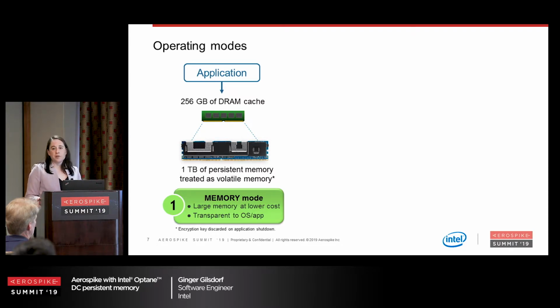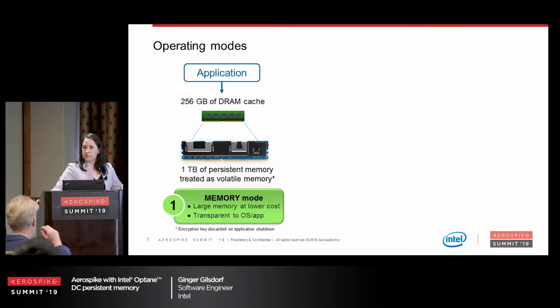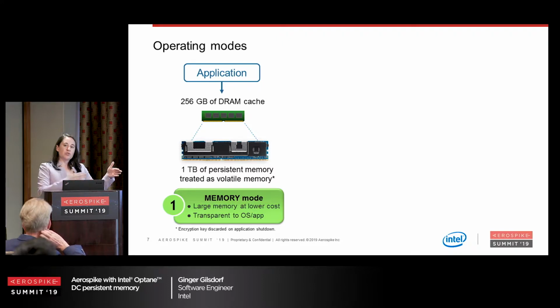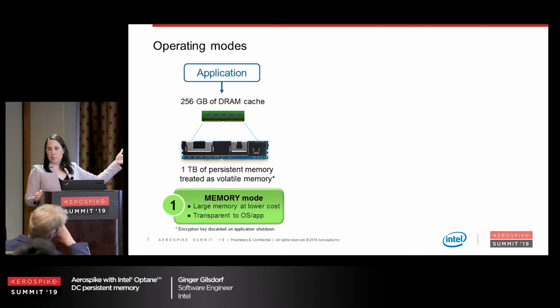So there's plenty of applications that can take advantage of something like this, where perhaps you have a working set close to your DRAM level, but you want a level of memory close to that so that you don't have to swap out to disk if you run out of space for your working set. So this is completely transparent to the operating system or the application. It's basically plug and play. I can put a lot more memory on a system and go wild.